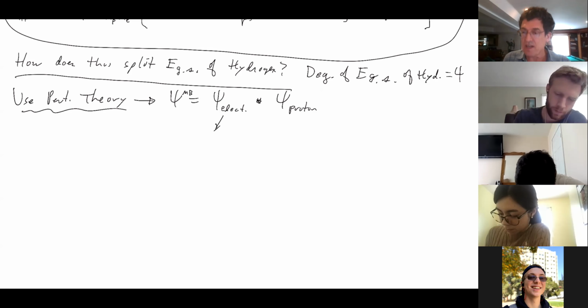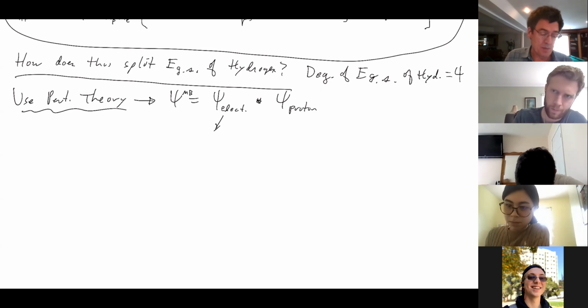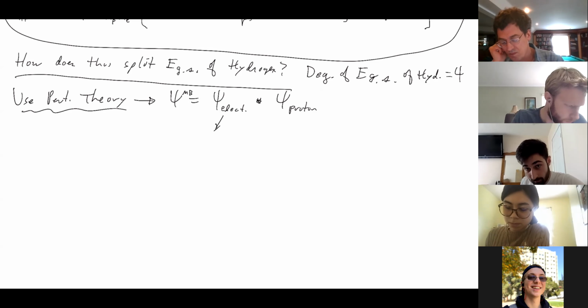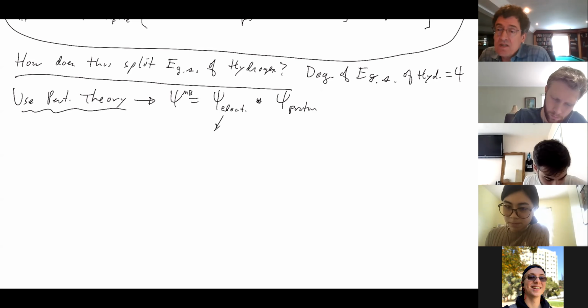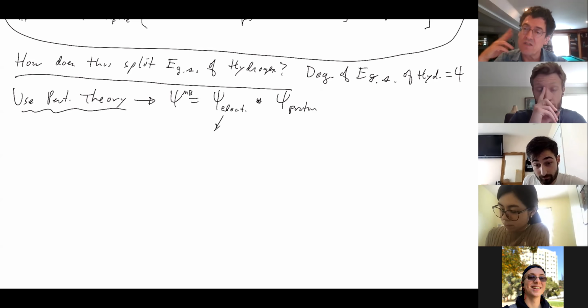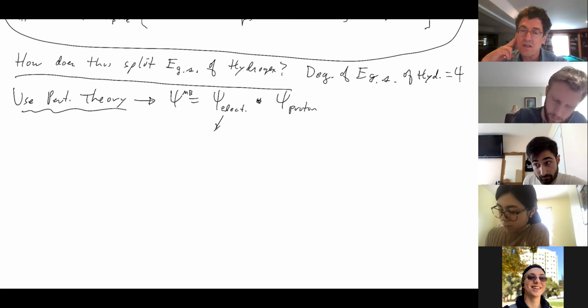What does the wave function of the electron look like in the ground state? Somebody tell me. What is the ground state wave function of the hydrogen atom? That's what I'm asking.